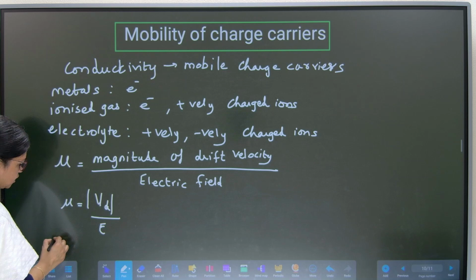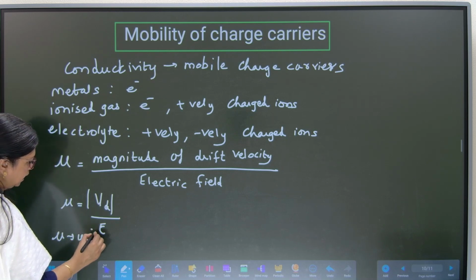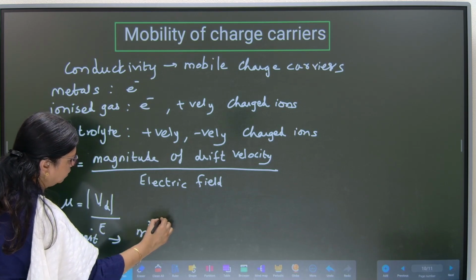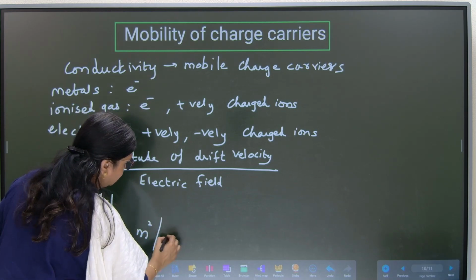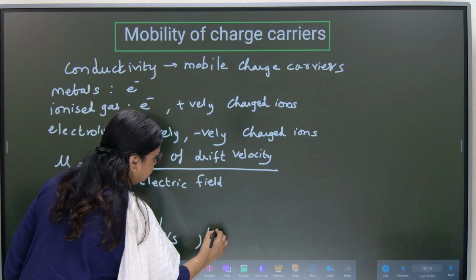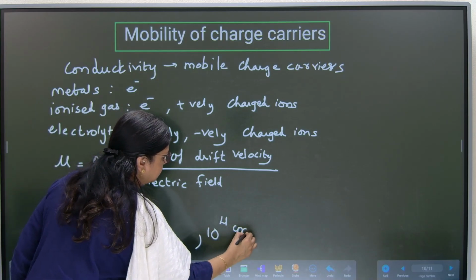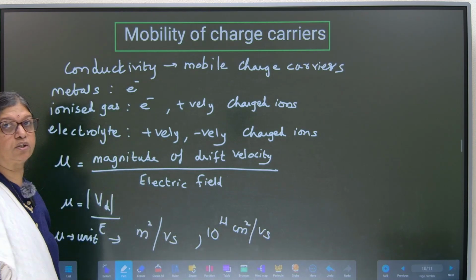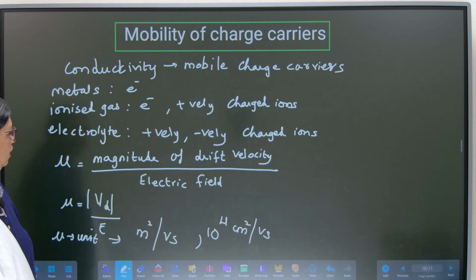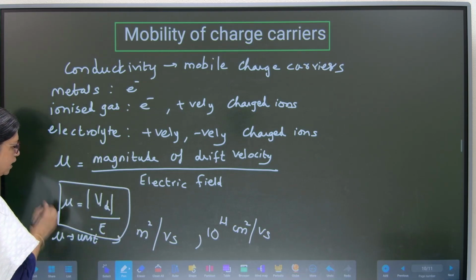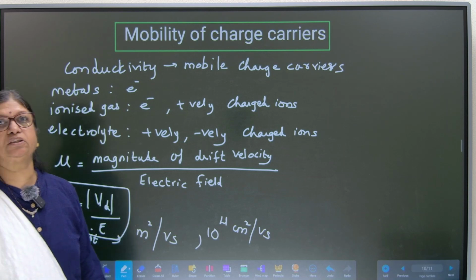The unit of mu is meter square per volt second, but in use it is 10 raised to 4 centimeter square per volt second. That is the unit used. So this is the formula for calculating the mobility of charge carriers.